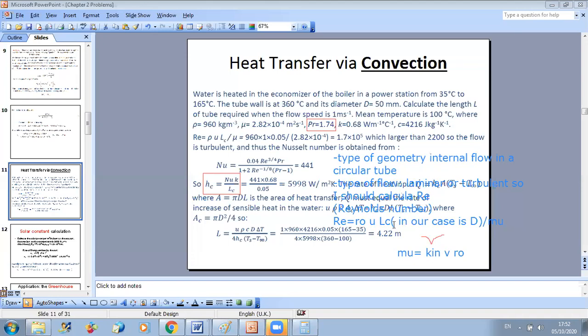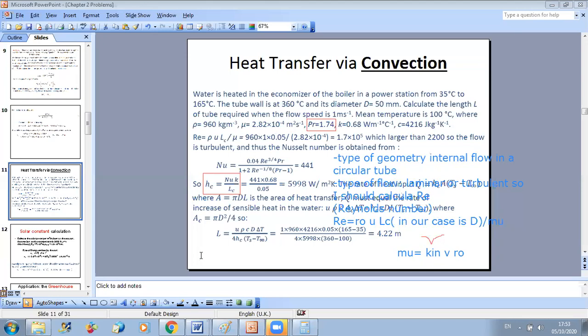All of my terms should be in SI units, so I convert millimeter to meter. For the velocity, it's meter per second. For rho, it's kilogram per meter cube. For mu, I replace by the value they gave me, 2.82 times 10 to the power minus 4. I have everything, so I calculate Reynolds.